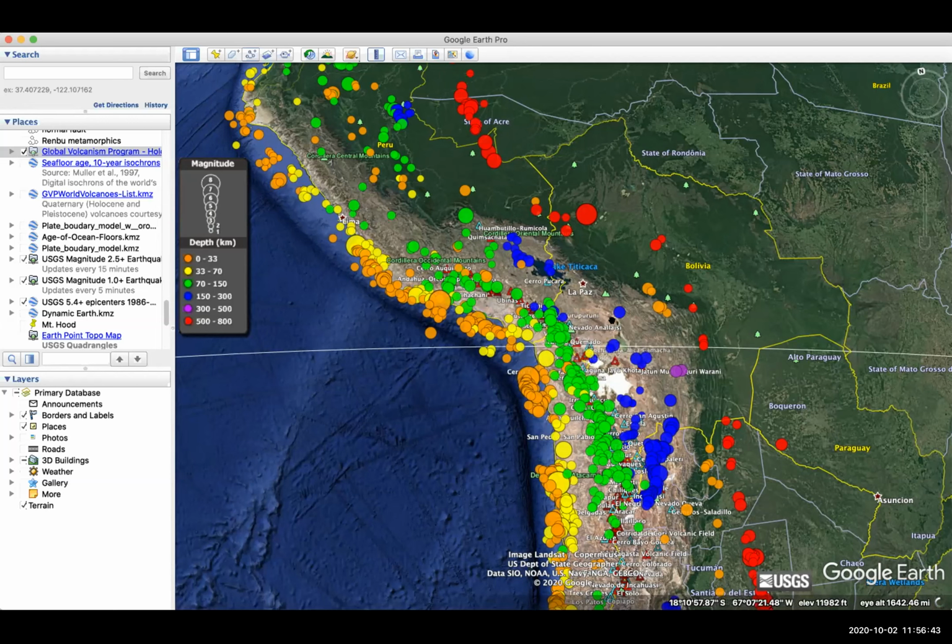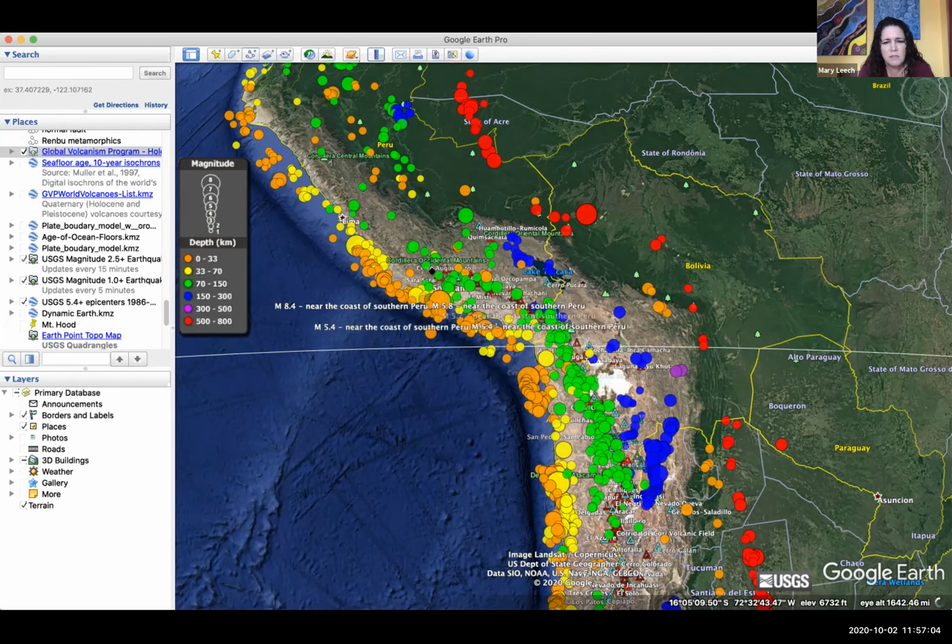Yeah. So that means that part of how you're supposed to think about this is the melting doesn't start on the subducting plate until you get pretty far down, right? If you look, the volcanoes are above the green earthquakes.